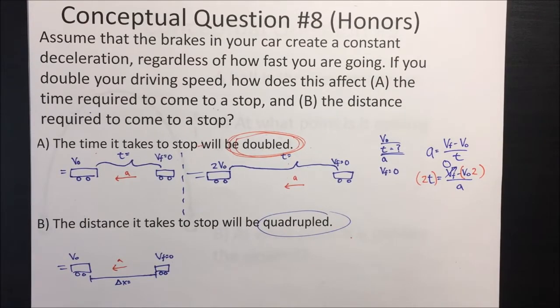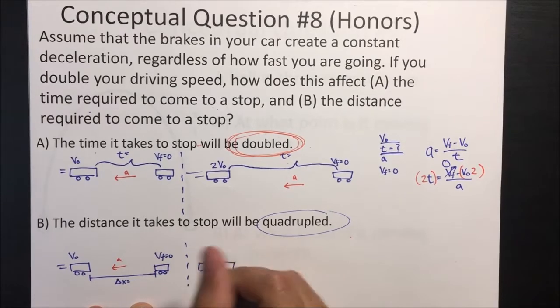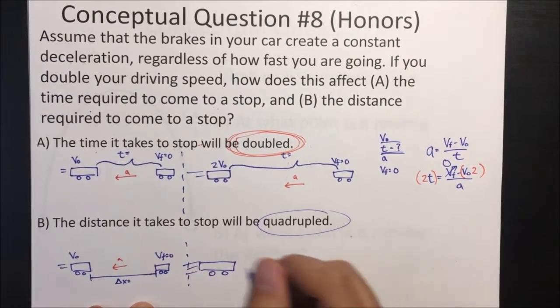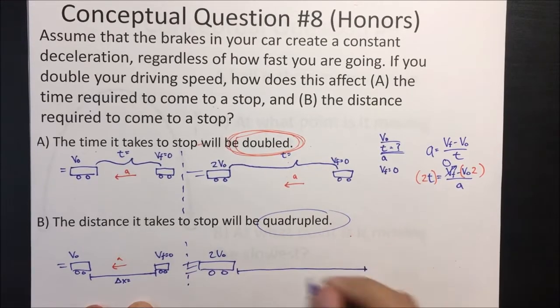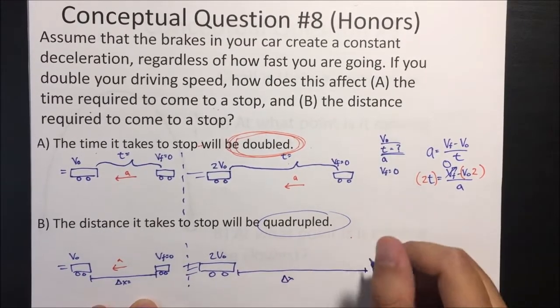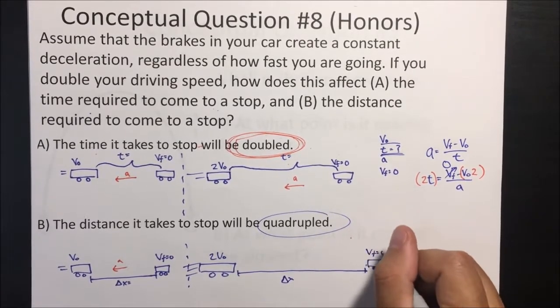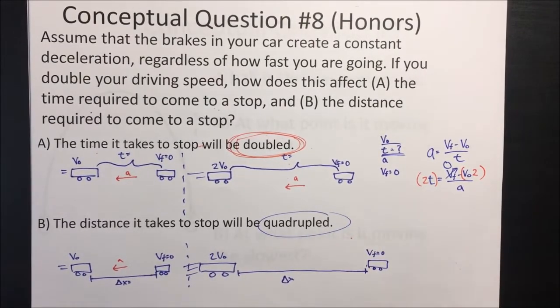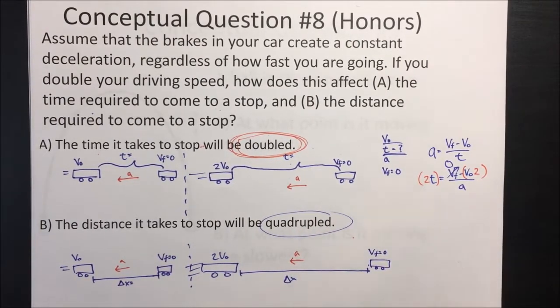And we want to look at the second scenario. If it's going twice as fast, so it's going a lot faster this time, and we know it's going to go further, how much further is it going to go to come to a stop? So again, we want to look at the variables we have.